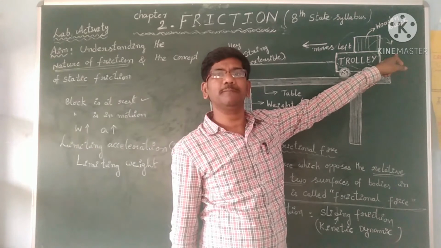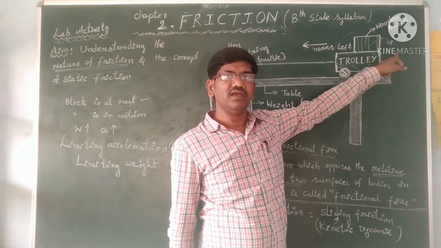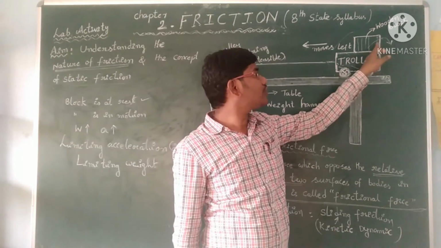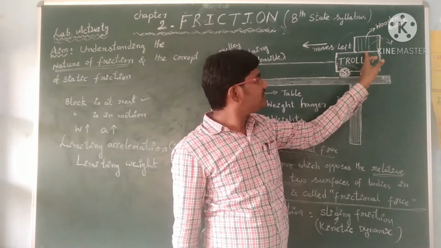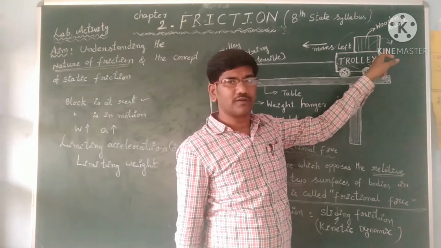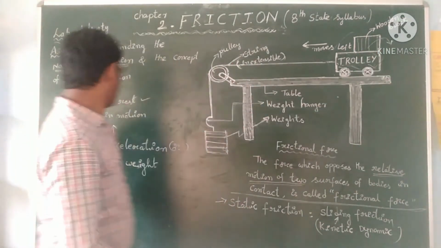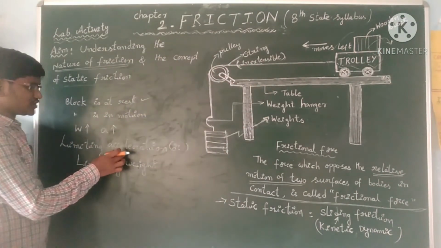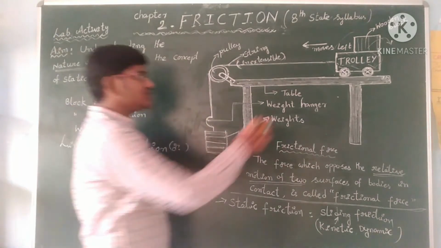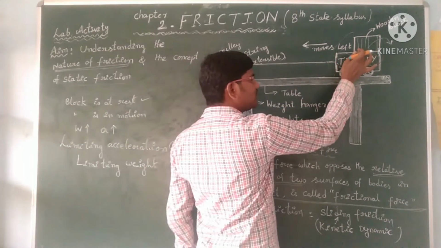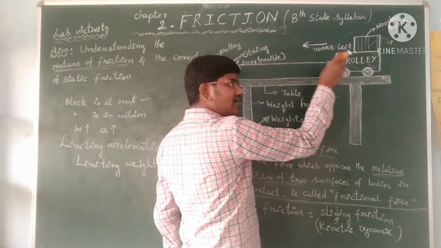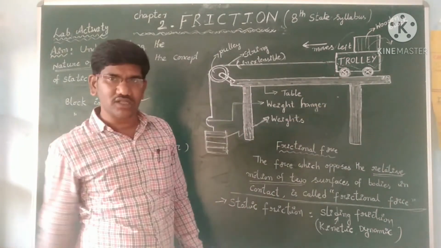It means that there exists a relative motion between the surface of the trolley and the block. Up to that, what is that limiting acceleration or limiting weight? This trolley is trying to keep the block at rest, and that force is called frictional force.